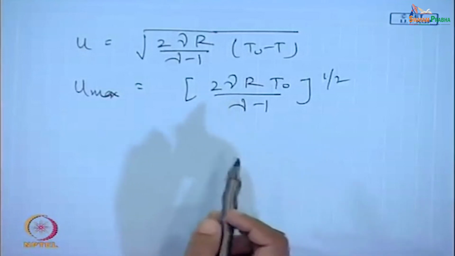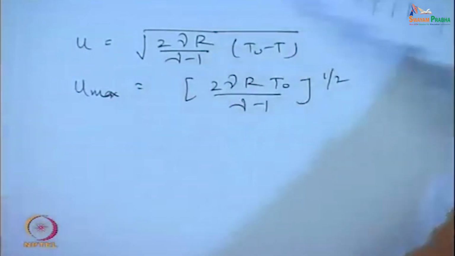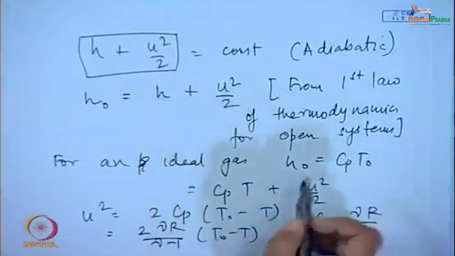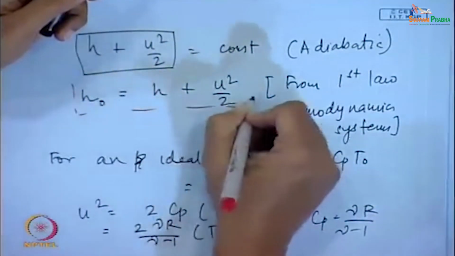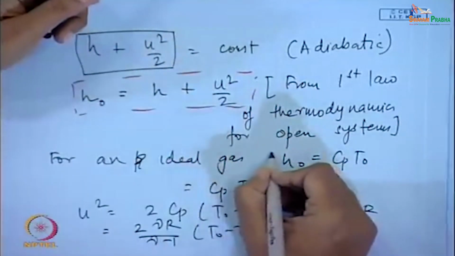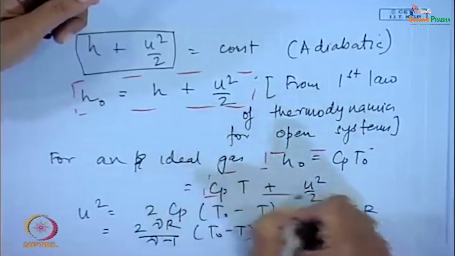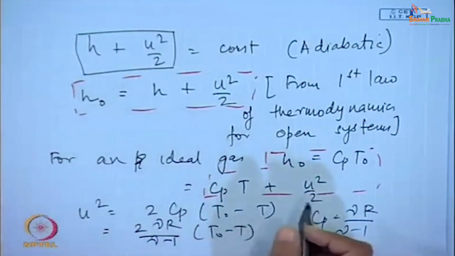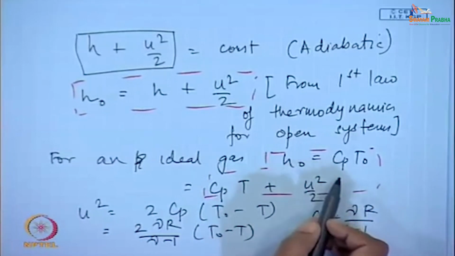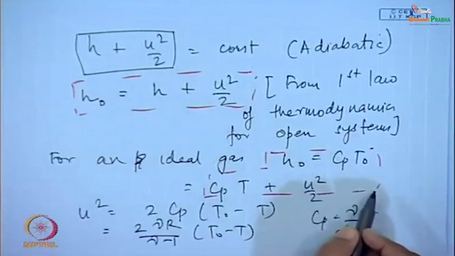So, from this particular equation and from this equation, what do we deduce from these two equations? We deduce that the total enthalpy and T0 are conserved if the process is adiabatic.